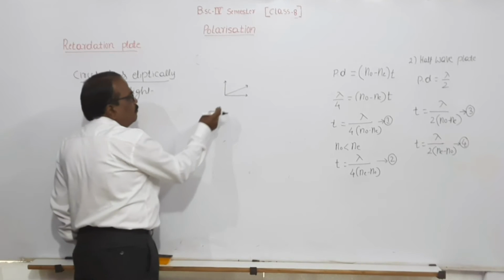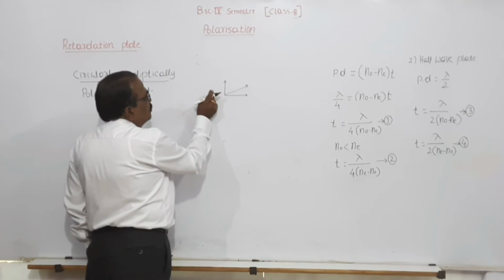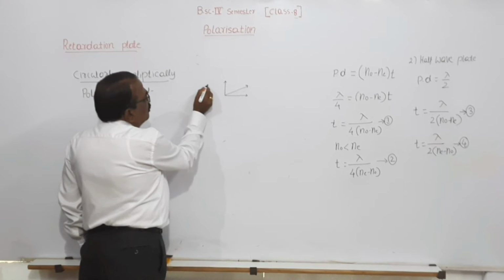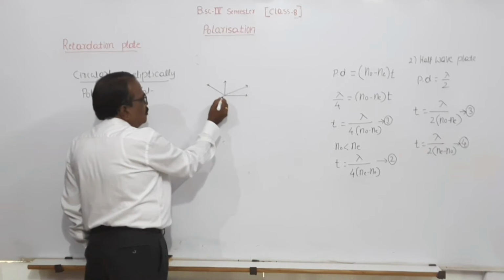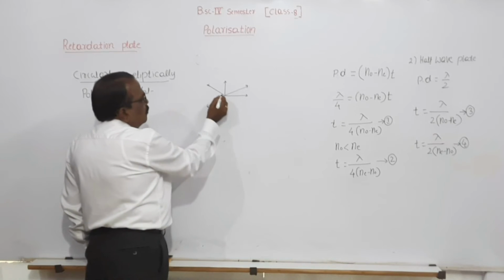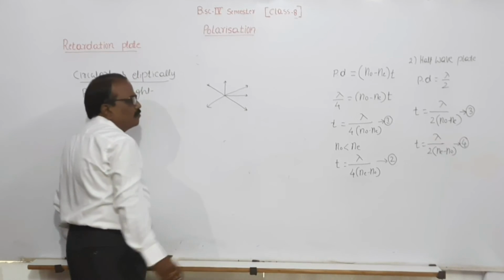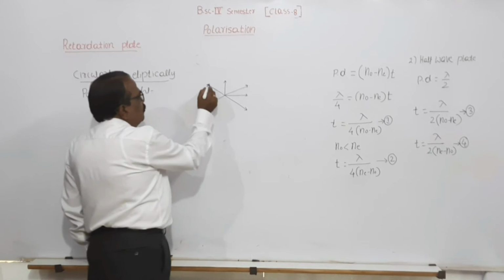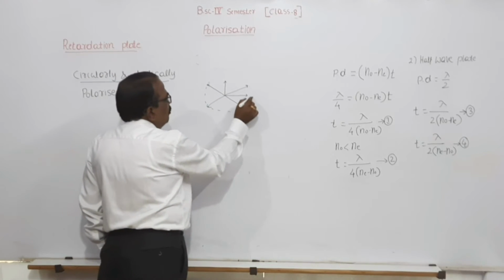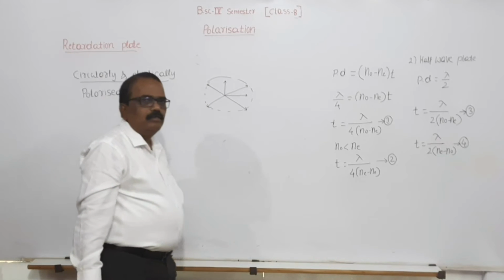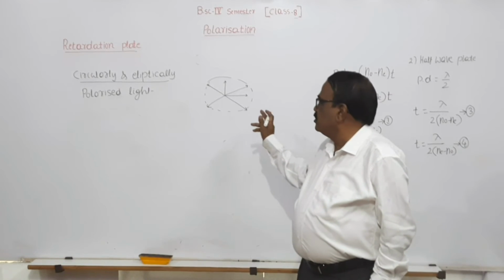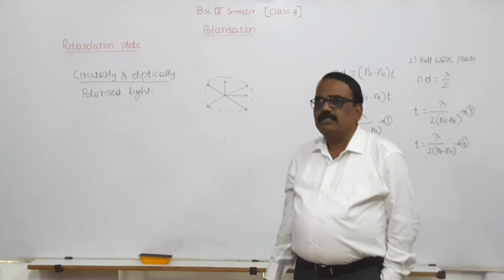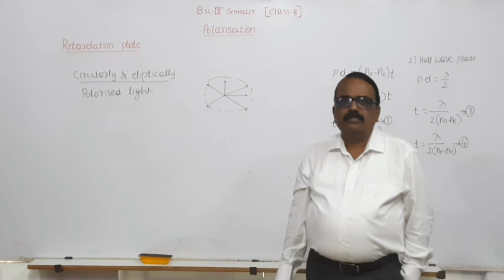In the same manner, if this vector becomes this side, you get the resultant here. And if this reverses the direction, it becomes here. And again another one is here. Now if you join the tips of these, it is not a circle, it is an ellipse. Therefore, the resultant is called elliptically plane polarized light.